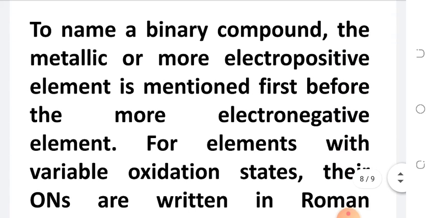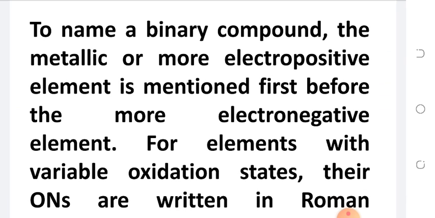Now, when you are naming a binary compound, you first of all call the metallic or the more electropositive element. The metallic or the more electropositive element is what you first mention, then followed by the more electronegative element, and it is that electronegative element that carries the suffix "ide."